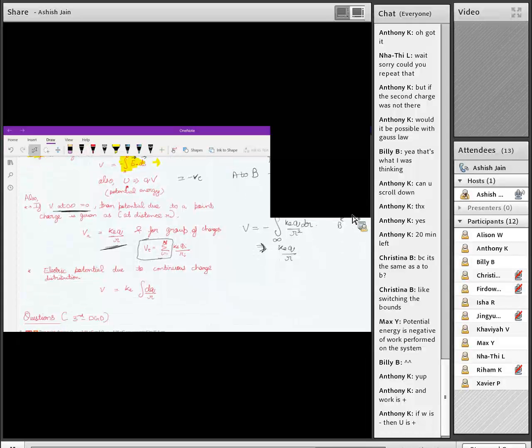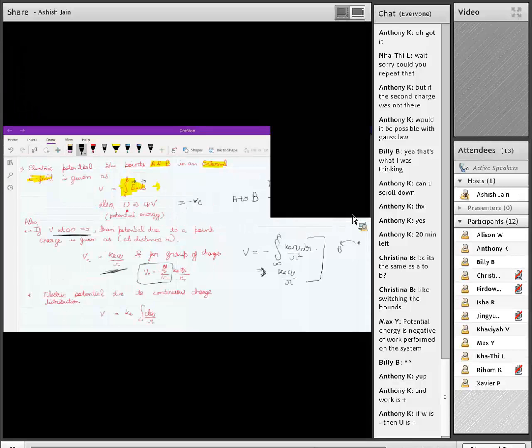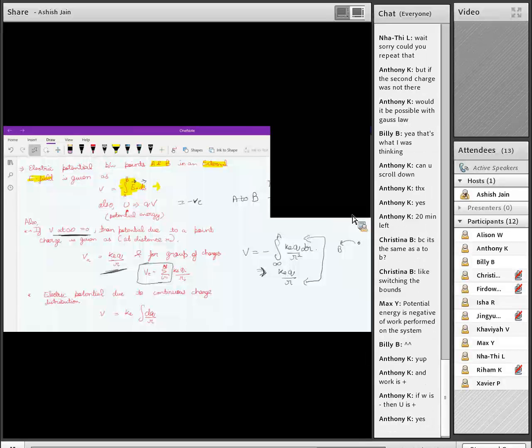You guys got this? How I did this proof, and why I did it from infinity to A. You always bring from the point of 0 potential to the higher potential. That makes sense? Perfect. That's how you get this.